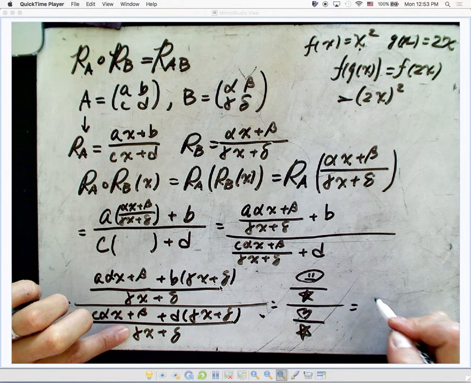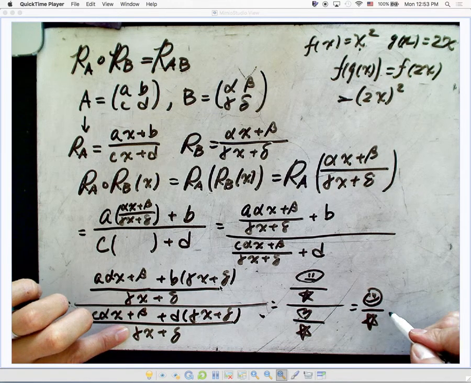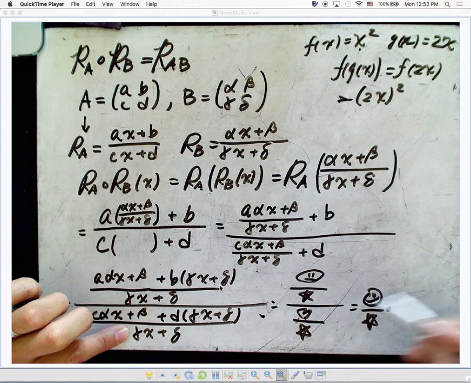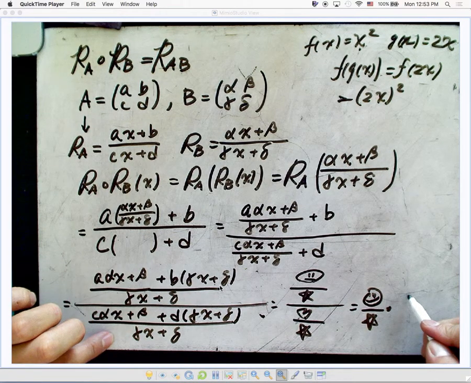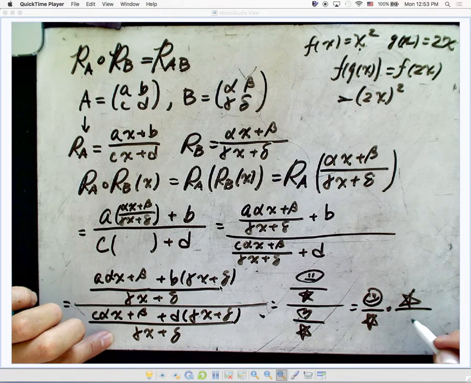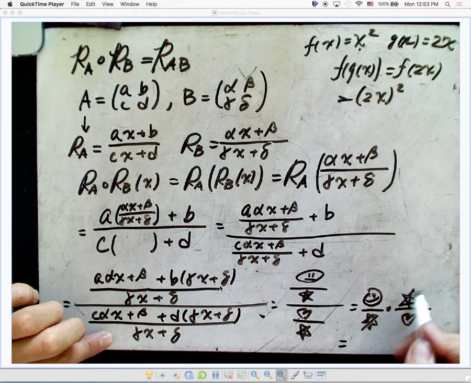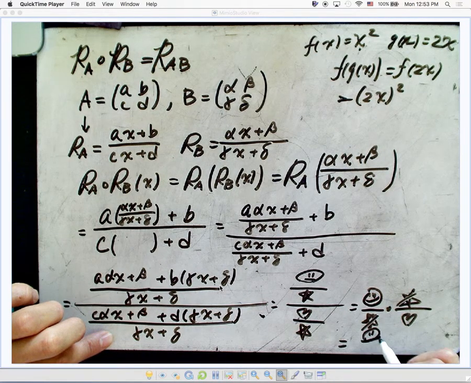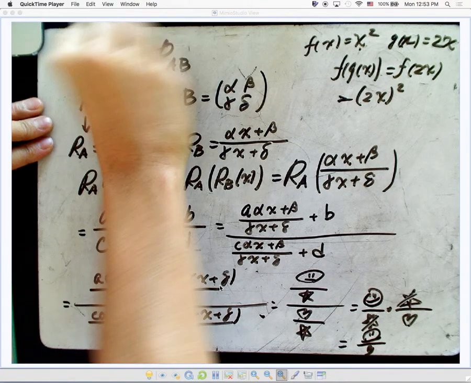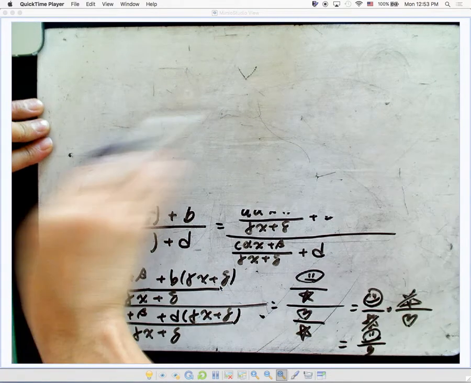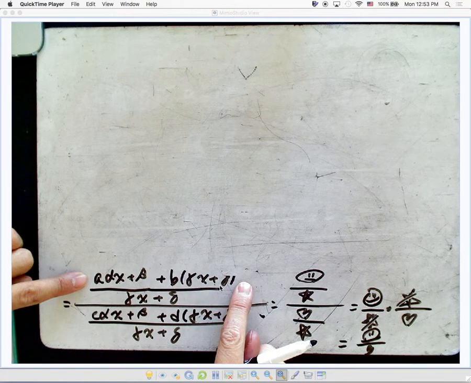That means smiley mark over star divided by this guy means multiplying by the reciprocal, which is star over heart. So the star cancels out, and we're going to have smiley mark over heart. So let's write that down. This is the smiley mark guy.